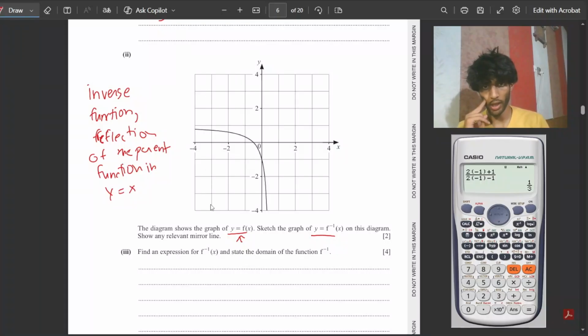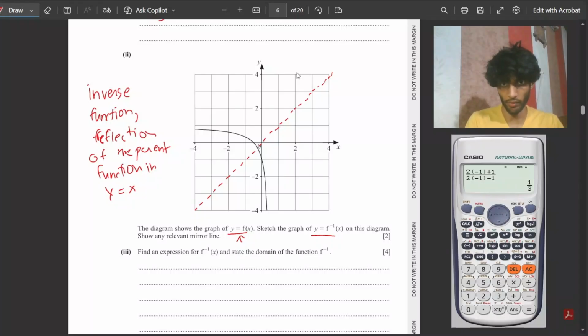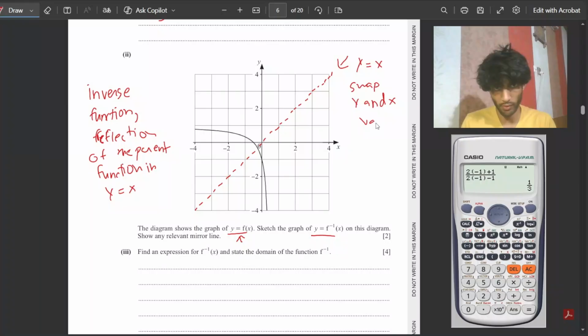So the line y is equal to x is a straight line that passes through the origin, something like this. And then we just have to sort of mirror the points that y equals f has to get what y equals f inverse of x will have. So a mirror in the line y equals x means you swap the y and x values.